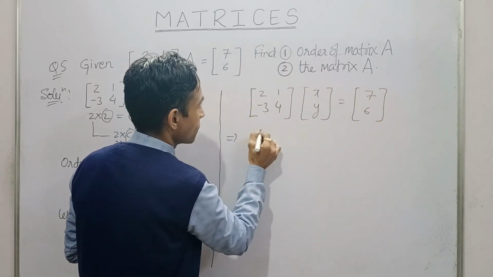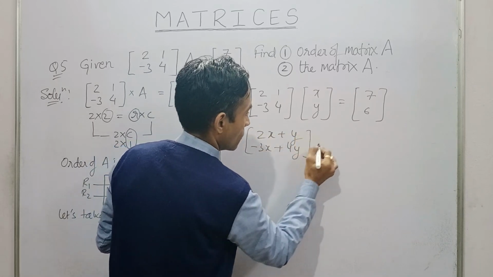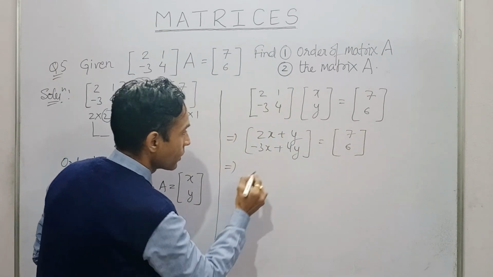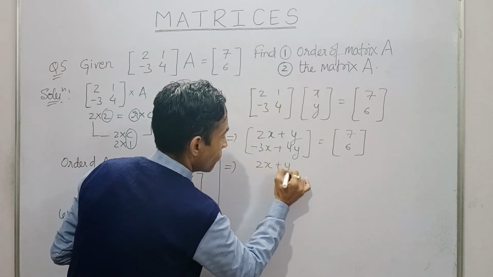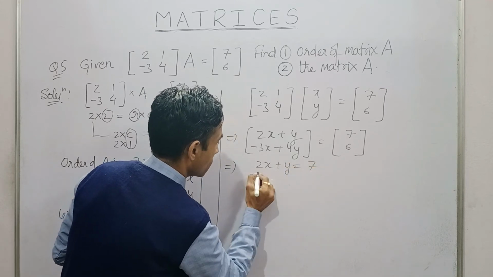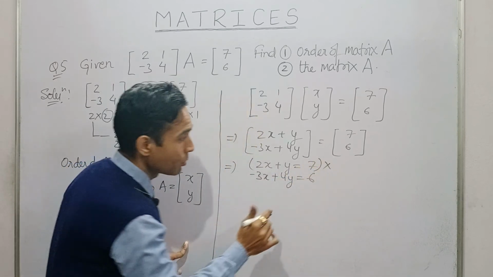Multiplying these two matrices, equating both sides according to the positions of the element, we are getting two linear equations. I am applying elimination method.